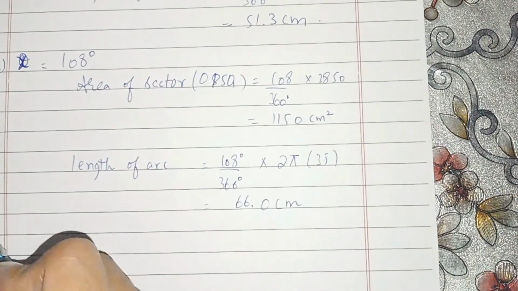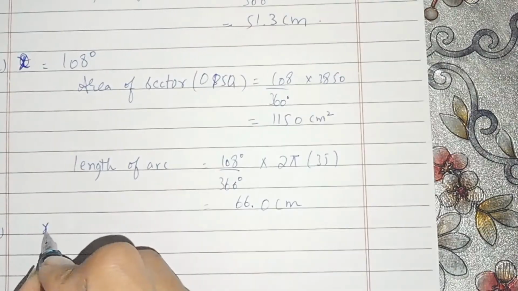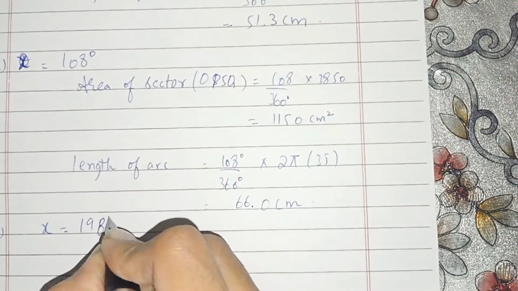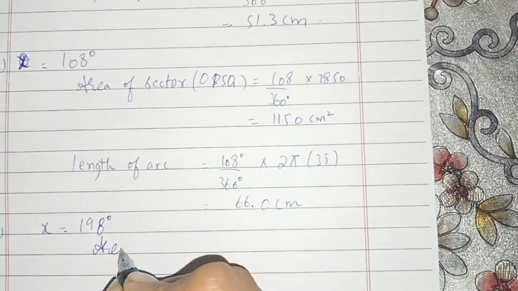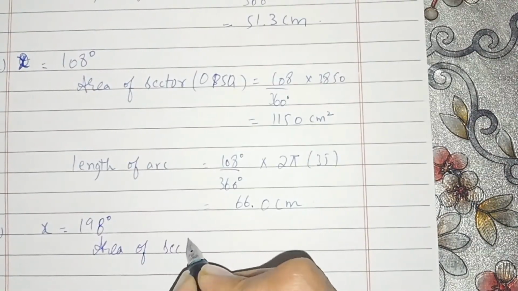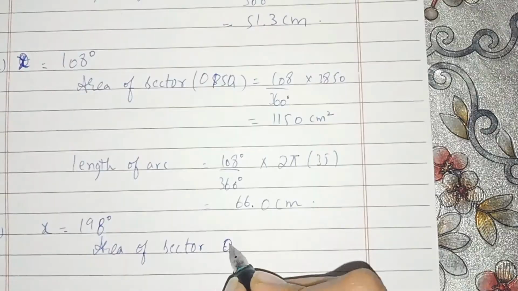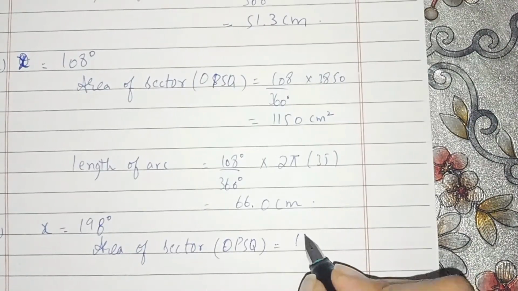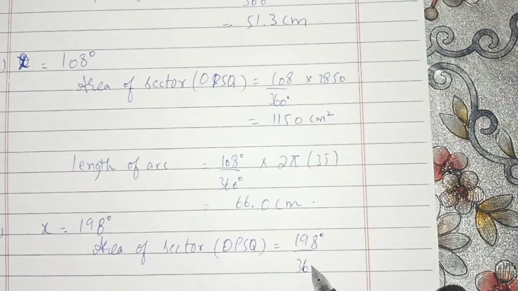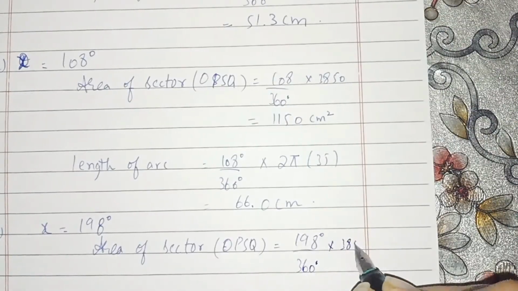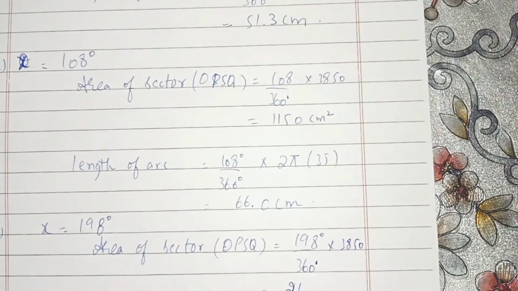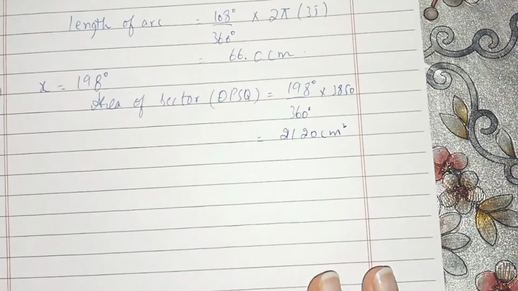C part is solved, and in D part x is given to us, which is equal to 198 degree. For the area of sector, only the value of x changes. There is 198 over 360 times 3850, and by calculating we get 2120 centimeter squares.